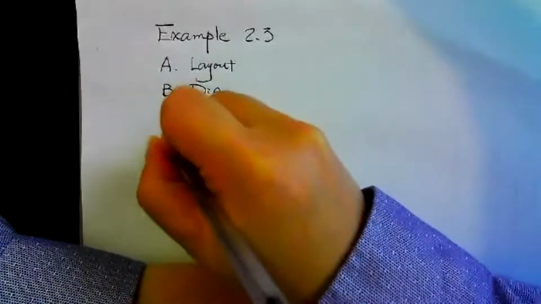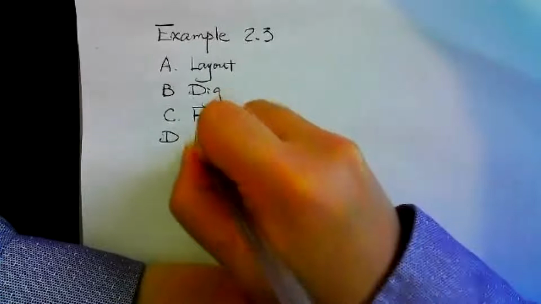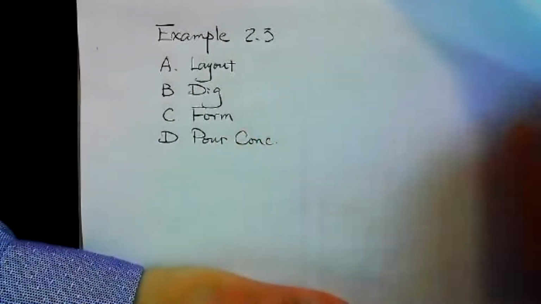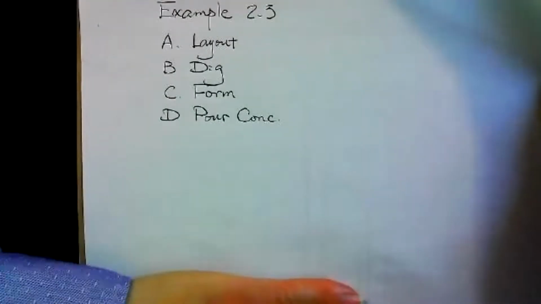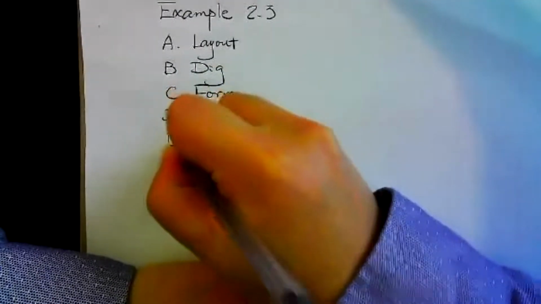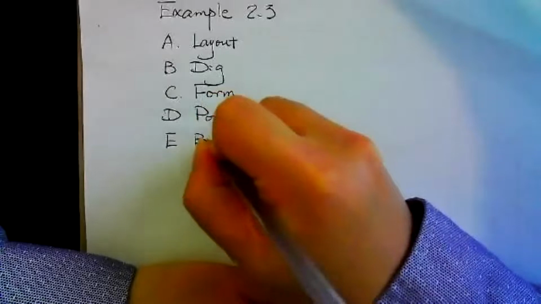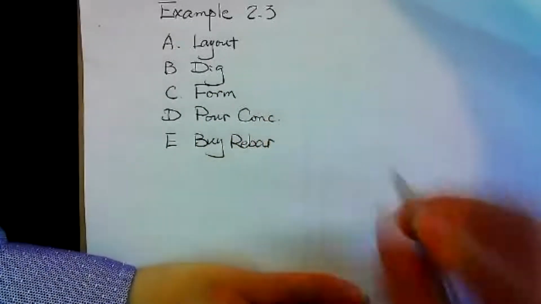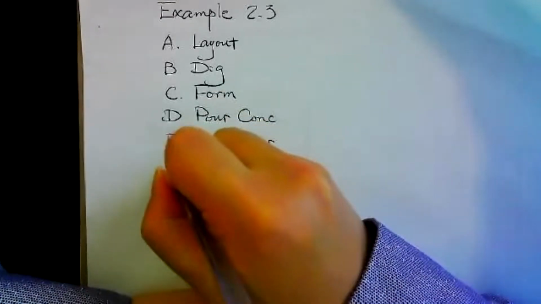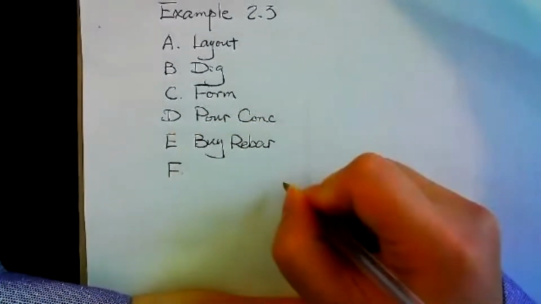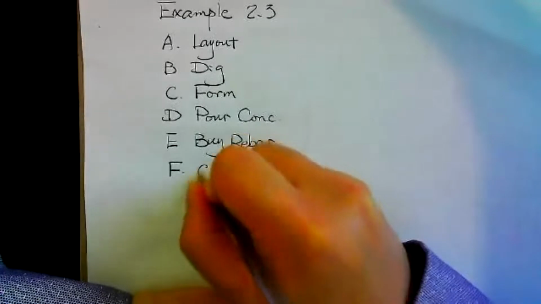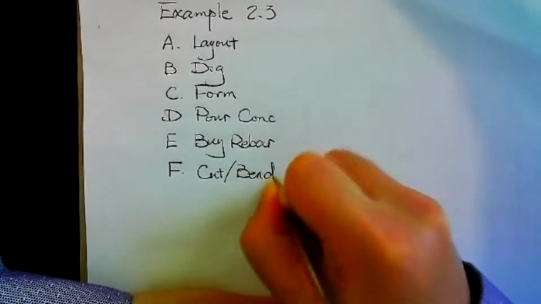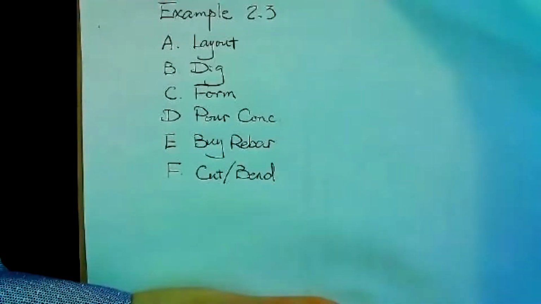Activity D is pour concrete. Activity E is buy rebar. Activity F is cut and bend rebar.